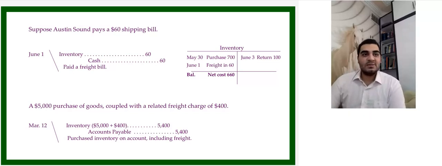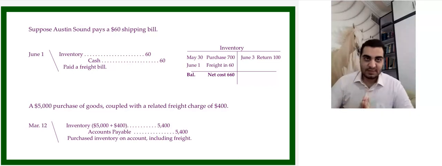Suppose Austin Sound pays a $60 shipping bill. In this matter, we're going to add this shipment expense to the inventory. So our inventory increases by $60, and we're going to debit this amount. And of course, our cash decreases, it is credited for $60.